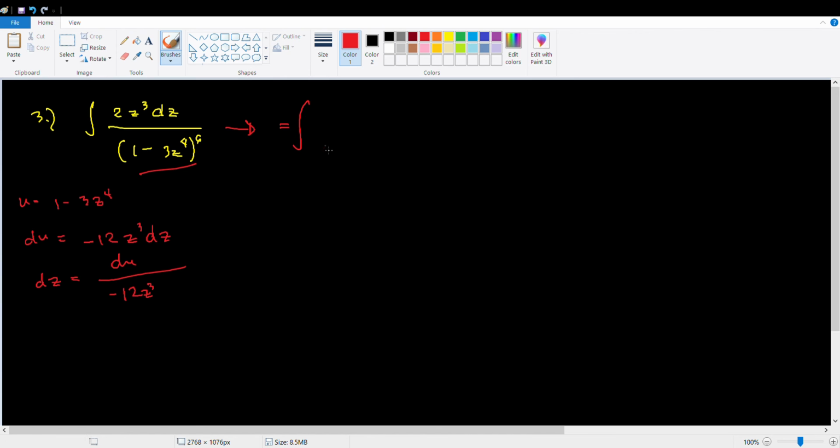So this becomes integration of 2z raised to 3 dz over u raised to 6.